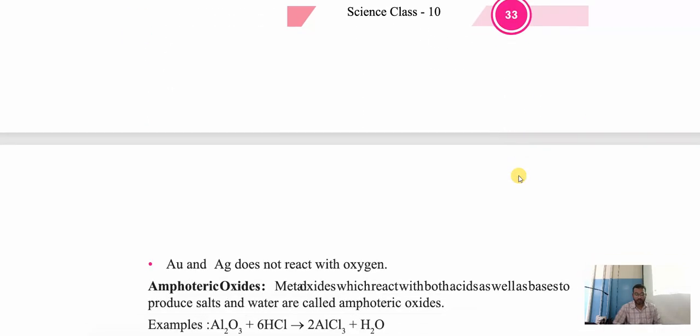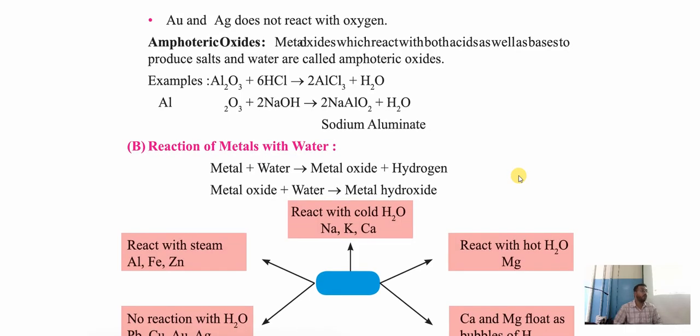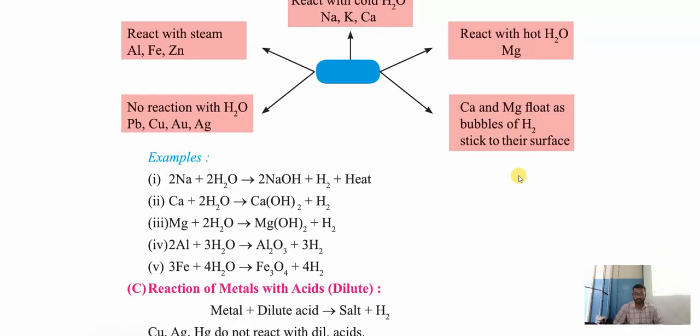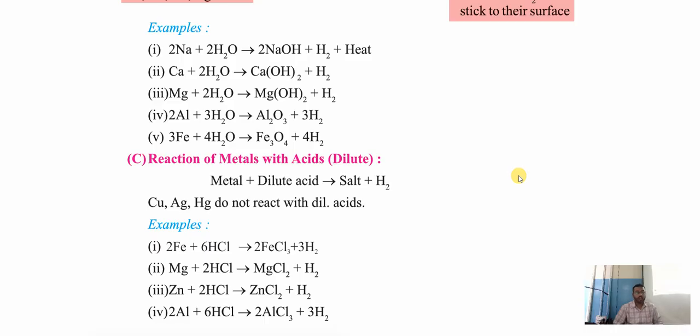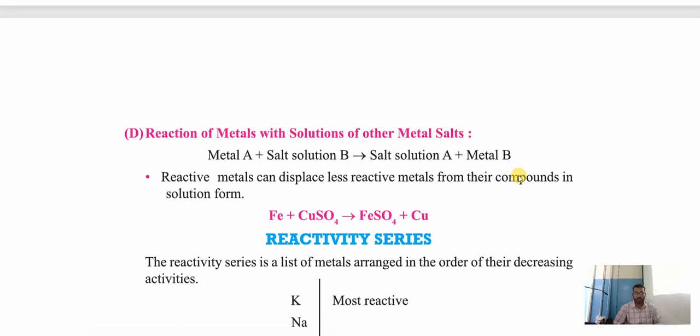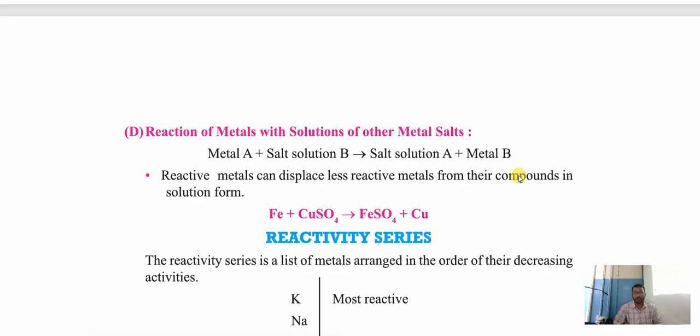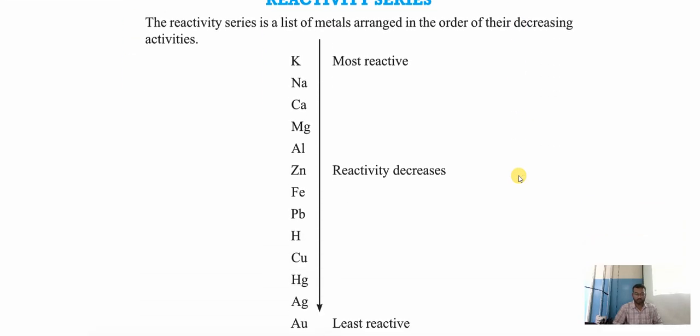Second, how the metals behave when they react with water. Third, how the metals react with dilute acids. Clear? And similarly, how the metals react with the solutions of other metal salts.